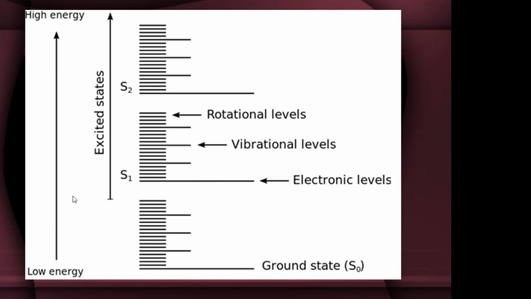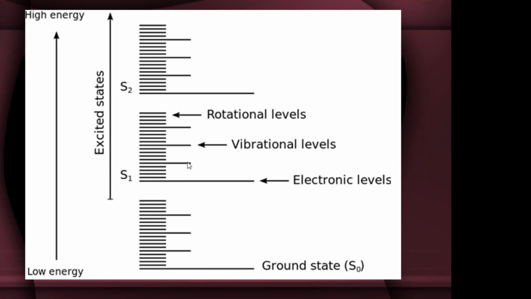There's another representation making it more and more clear to you. This is the ground state S0. It's an electronic energy state which has a number of vibrational levels associated with it. Each of these vibrational levels has a number of rotational energy levels associated with it. This is the second electronic energy level, so this is an excited state.